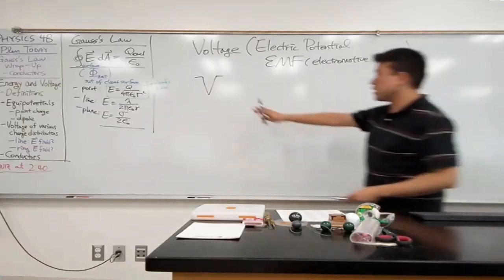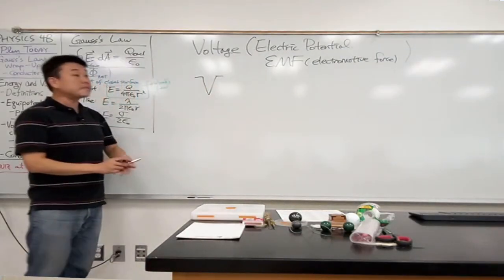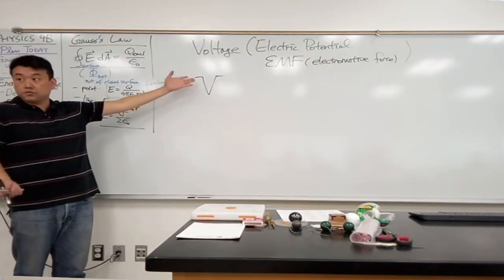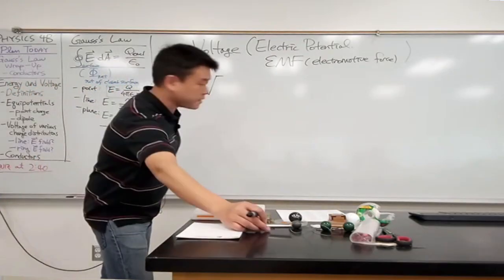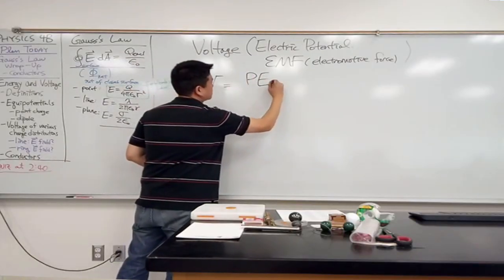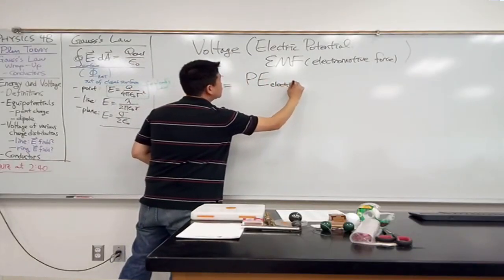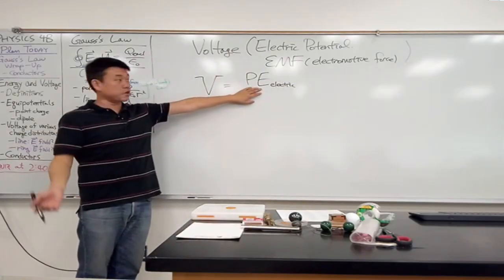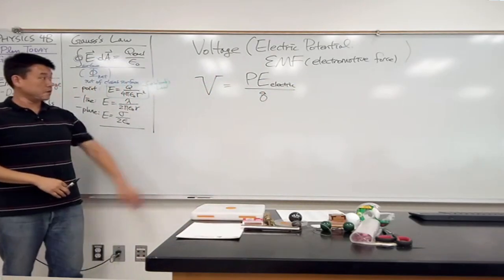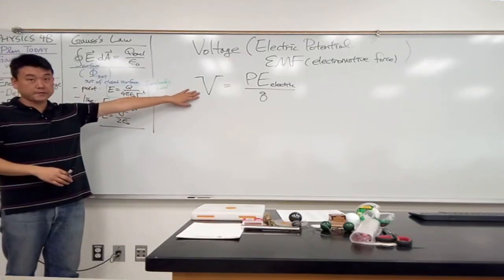So you could describe voltage that way. This is the connection between voltage and other mechanical properties that you might know about. So voltage would be electrical potential energy on some test charge Q, and you divide out Q. So this is one way of describing voltage.